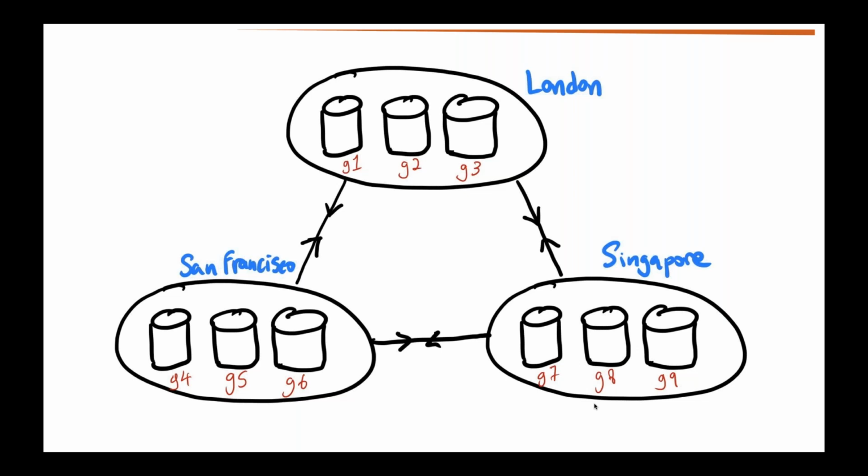Now, the interesting thing is you also need to have your app servers and your proxies in London, San Francisco, and Singapore, so that when your application writes, say to London, it's doing an insert into London, it'll hit G1, for example, and then when it's time to apply, it'll have to apply to G2, G3, either one of G4, G5, or G6, and either one of G7, G8, G9.